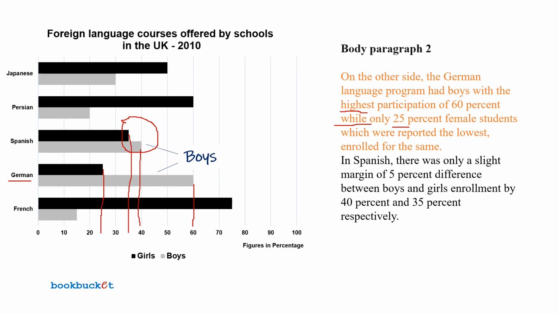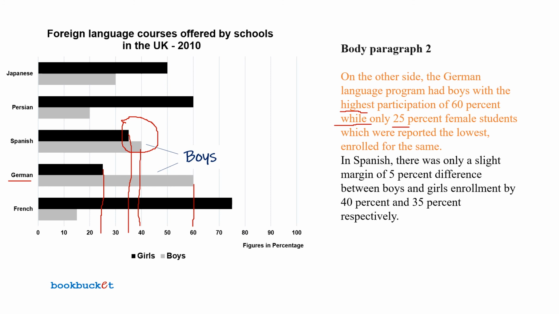Okay, so this makes this structure a complex structure. Great. In Spanish, let's discuss the second sentence. Spanish, there was only a slight margin of 5% difference between boys and girls enrollment by 40% and 35% respectively. Okay, this is just a single sentence, a simple sentence. Of course, it is long.